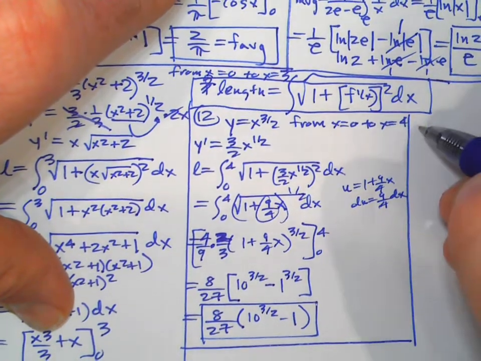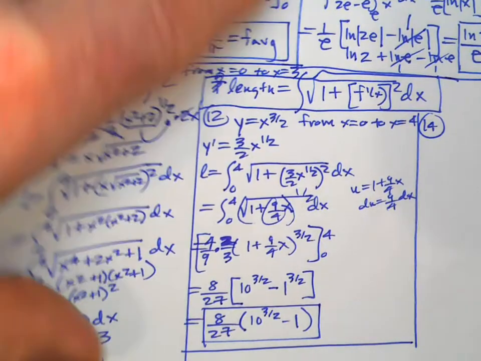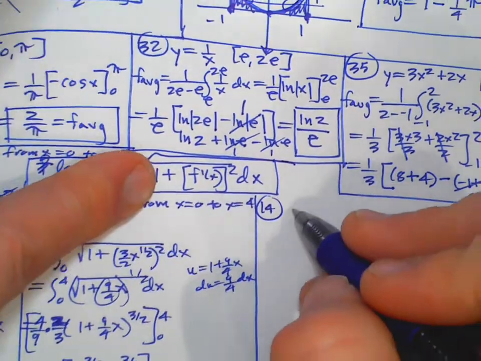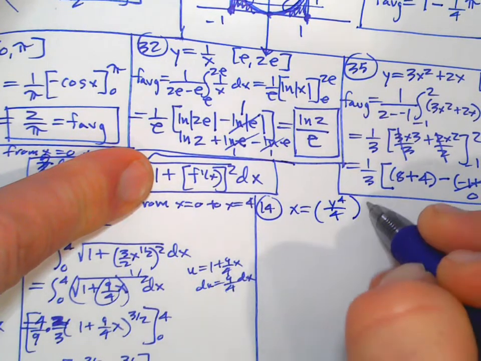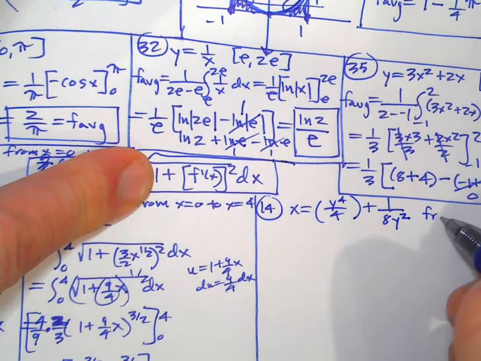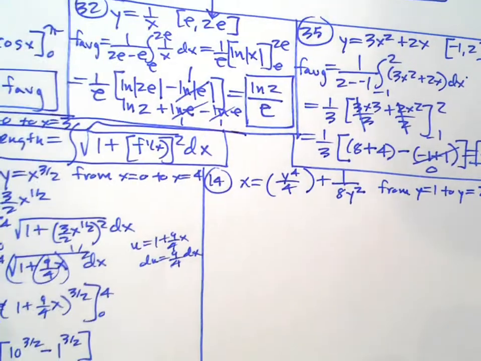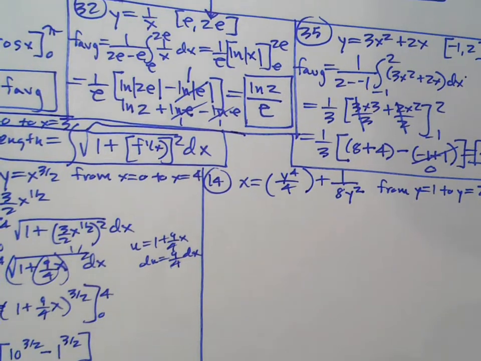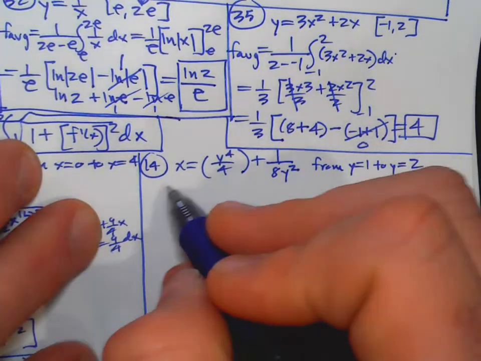Okay. 14. 14 is x equals y to the 4th over 4 plus 1 over 8y squared, from y equals 1 to y equals 2. So are we supposed to do this? I think they give you a hint: if you're going to do it with respect to y, then the formula changes a bit.